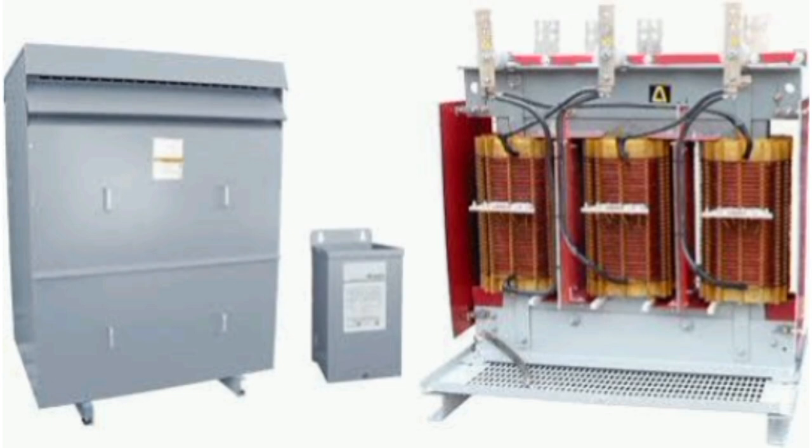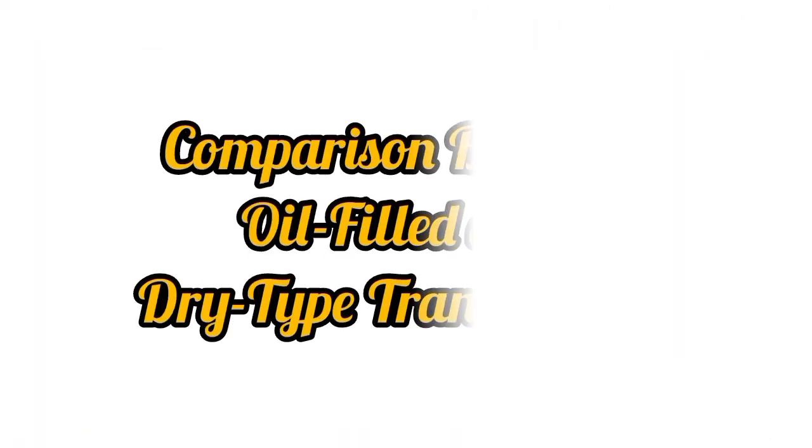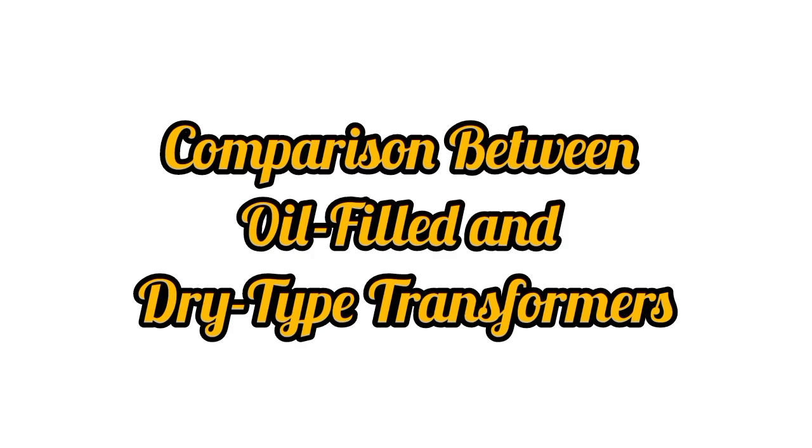These locations often require equipment with high safety standards and low fire risk. Because of their clean operation and reduced maintenance needs, dry-type transformers are becoming increasingly popular in modern buildings and environmentally sensitive areas. Comparison between oil-filled and dry-type transformers.